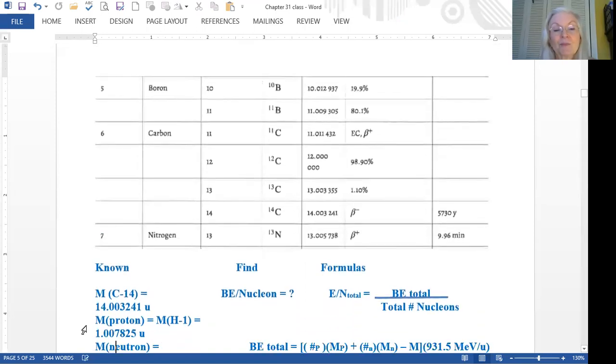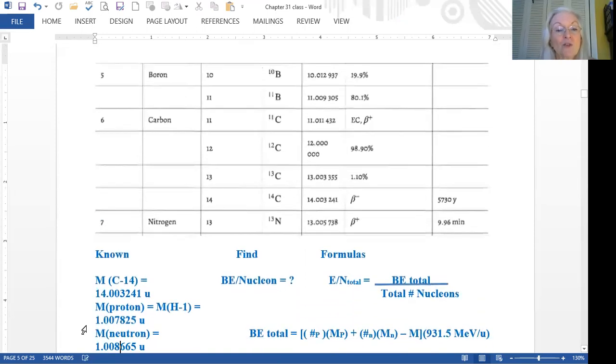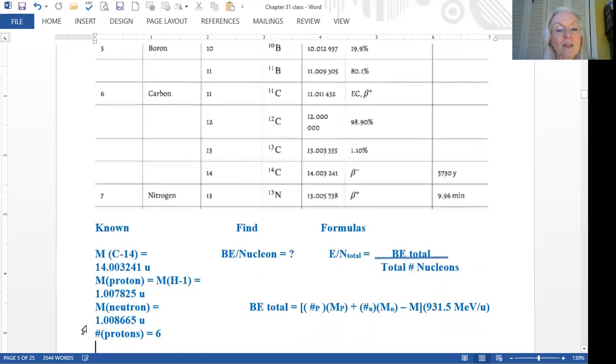So I'll let you know where I got my numbers from. Let's put them down. So what we know, the mass of the carbon-14 that we'll be using is 14.003241, and it comes straight out of the table.